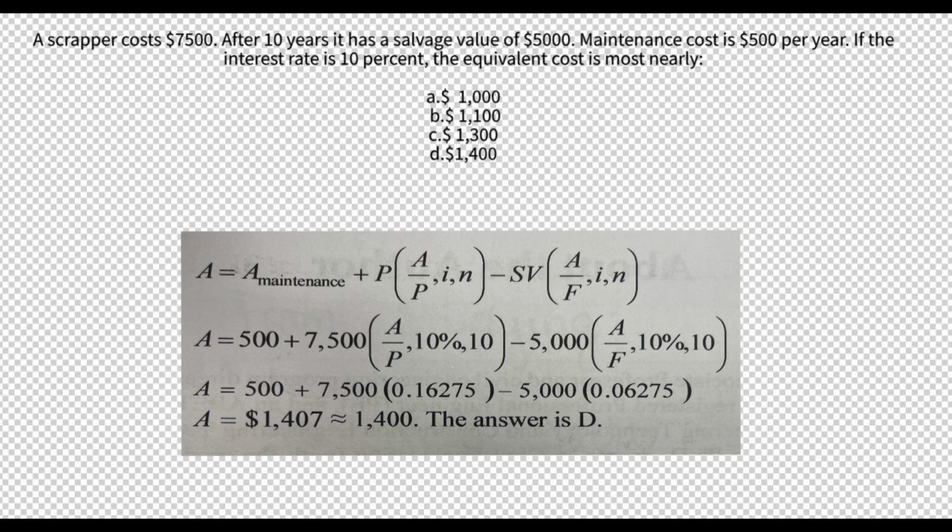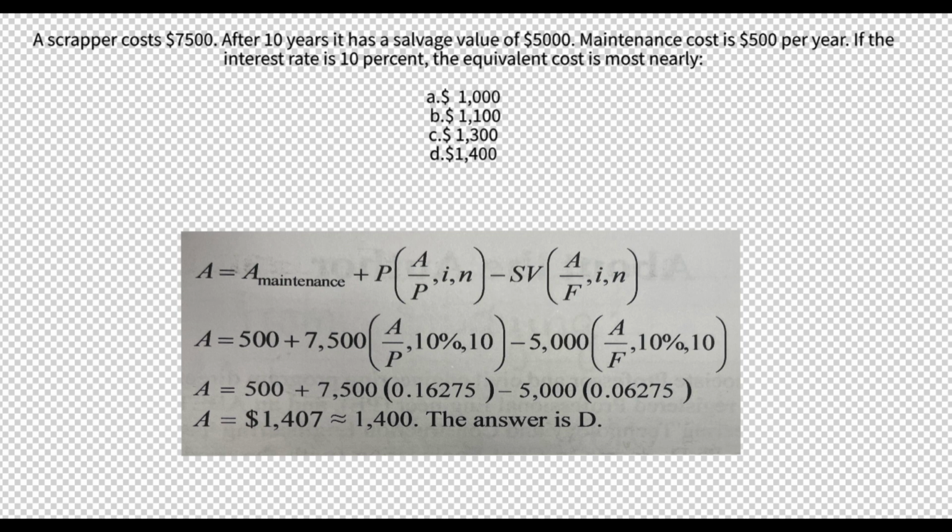In conclusion, the equivalent annual cost is a powerful tool in engineering economics, allowing us to express the total cost of a project, equipment, or investment on an annual basis. In this particular scenario, we have determined that the equivalent annual cost of the scraper, considering all factors, is approximately $2,500.